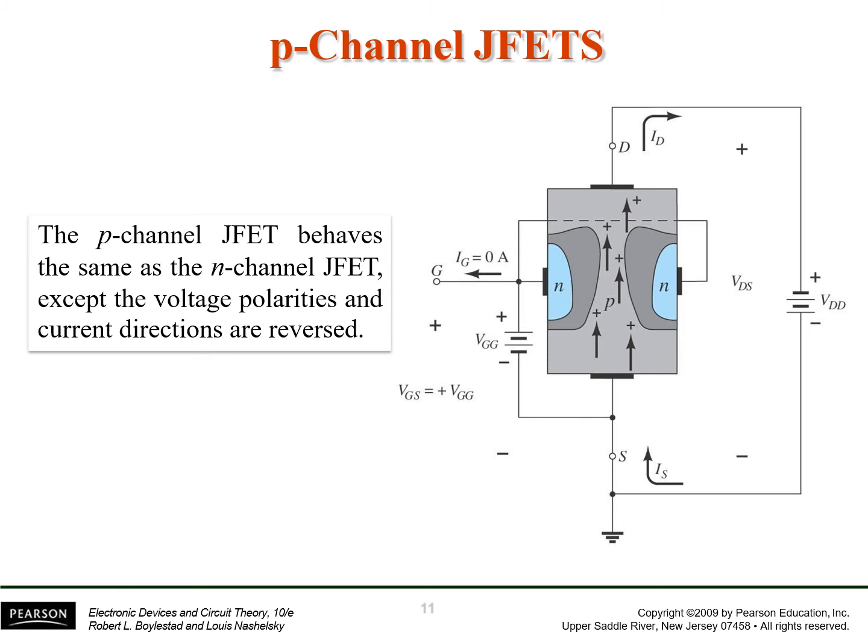If we have a p-channel JFET, it would behave just like an n-channel JFET, except that the voltage polarities would be reversed and the current directions would be reversed.